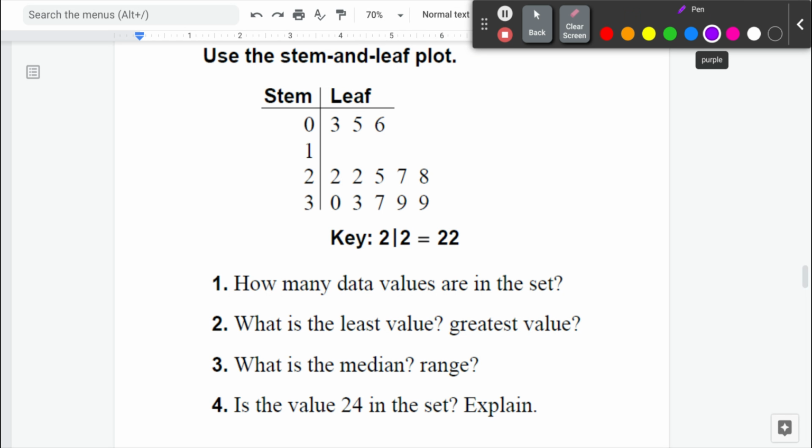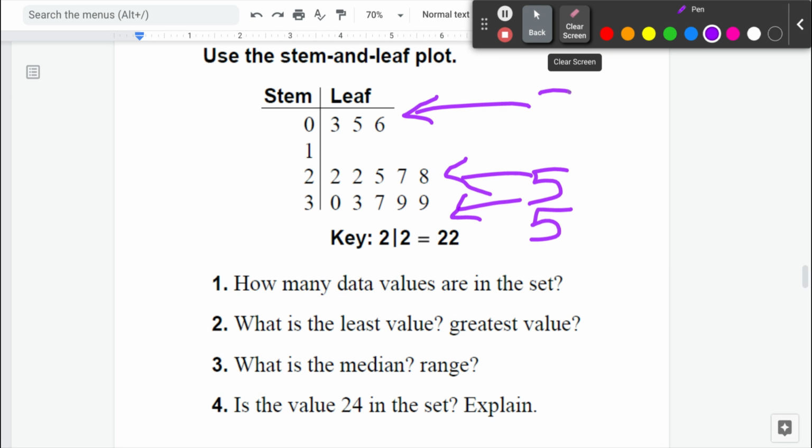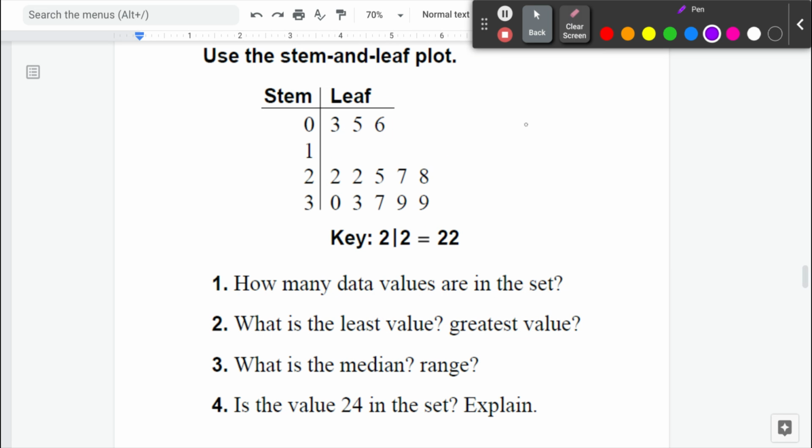Well, what we want to do here is look at, I have a 3, a 5, and a 6, a 22, 22, 25, 27, 28, 30, 33, 37, 39, and 39. So how many is that total? Well, I have 5 numbers here, 5 numbers here, and 3 numbers there, giving me 13 pieces of data or data values.